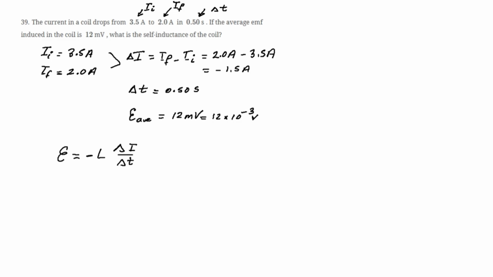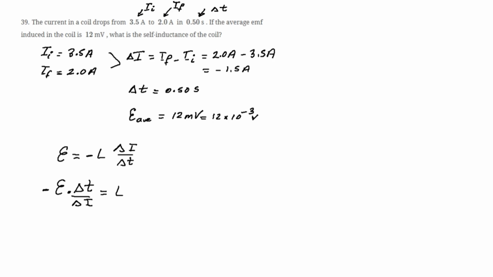So I can multiply by negative the reciprocal of delta I over delta T, which is delta T over delta I. So negative electromotive force times delta T over delta I is equal to the inductance.